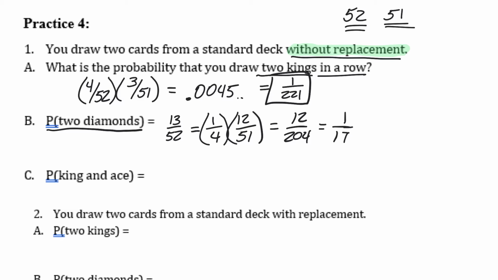All right, let's move to probability of C. Our probability of selecting a king, well, that is 4 out of 52. It's 1 out of 13, but we'll just stick to this. Now, the probability of selecting an ace. Well, there are still 4 aces left in the deck, but we are drawing from 51 cards.